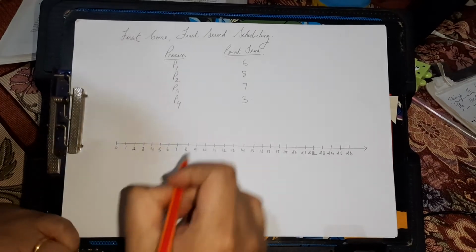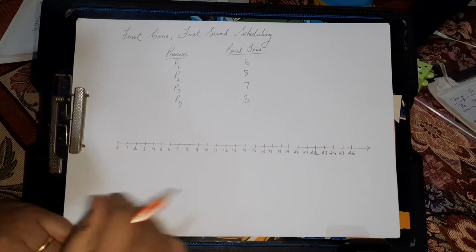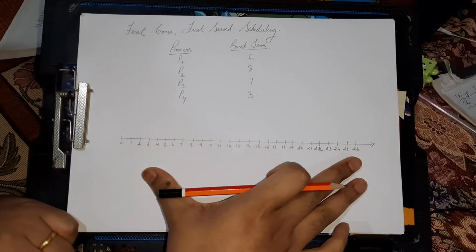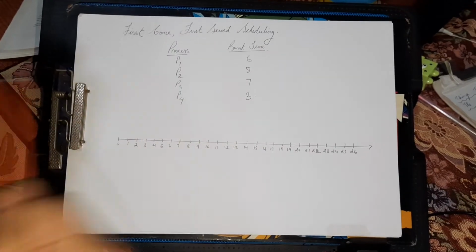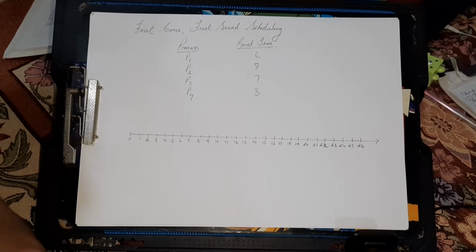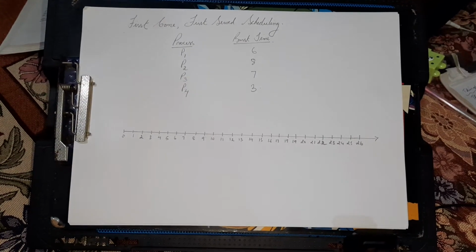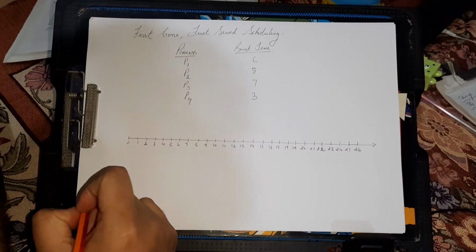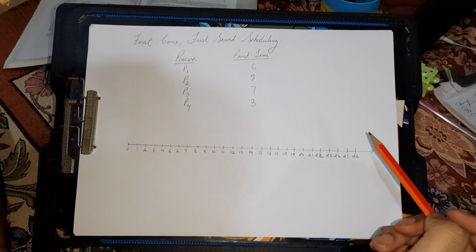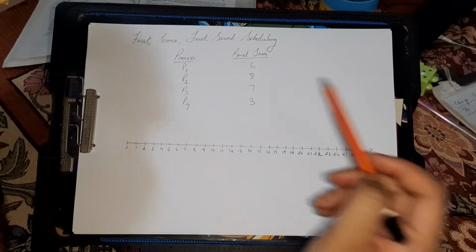We have drawn a Gantt chart, and we will calculate the average waiting time for each process in this scheduling algorithm. So let's start. Like I said, in FCFS no decision needs to be made.